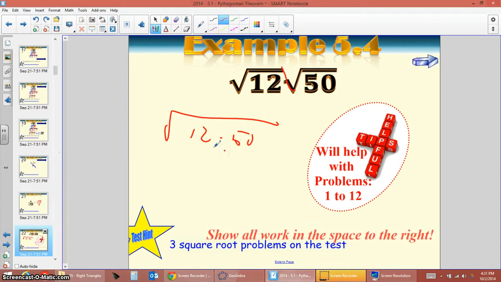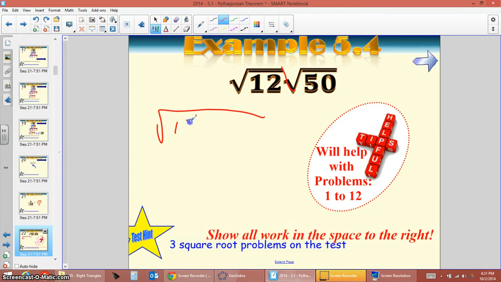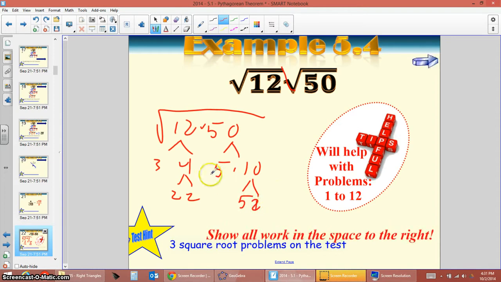Oh geez, what did I do? All right, so square root of 12 times 50. I split this into 3 times 4, 2 times 2, 5 times 10, and 5 times 2. I find my pairs. Here's my pair. Here's my pair.